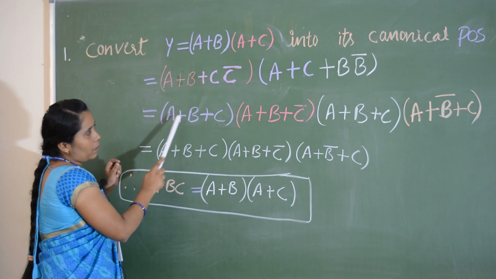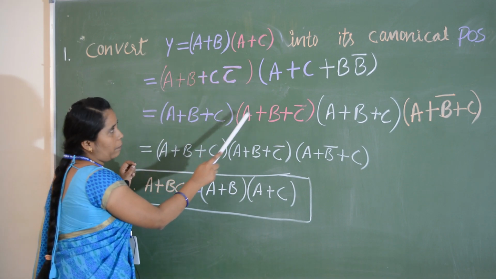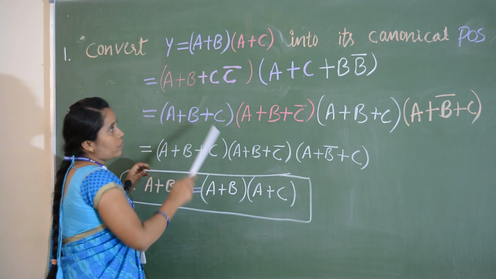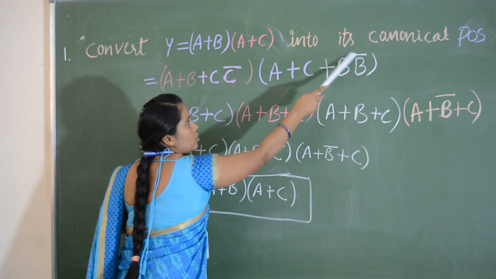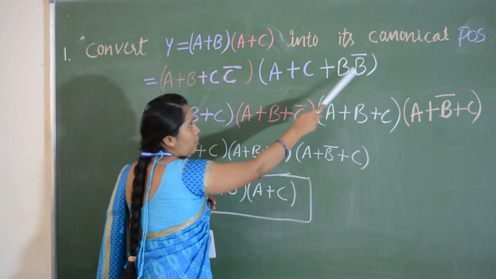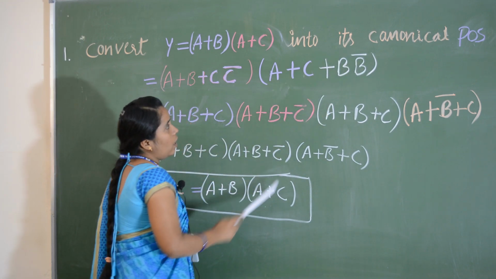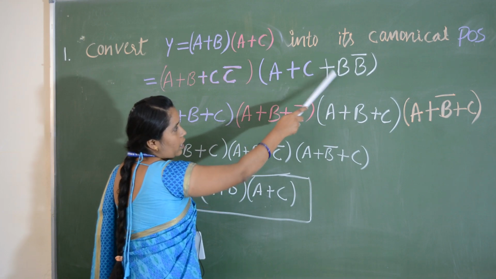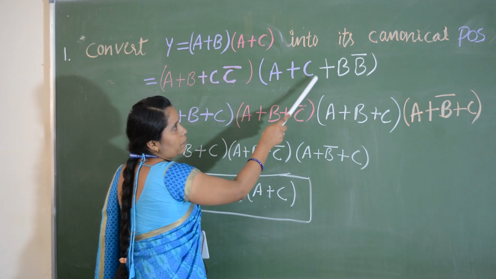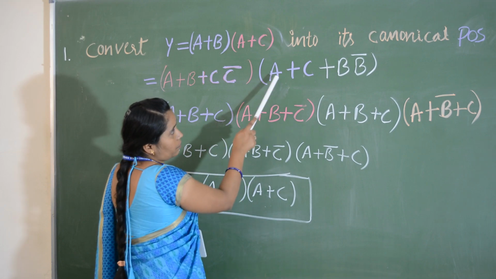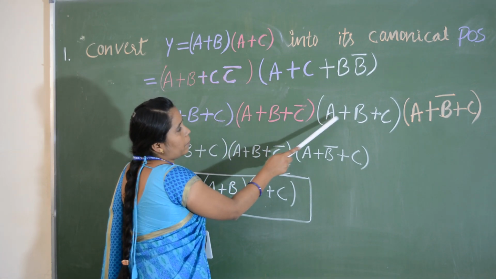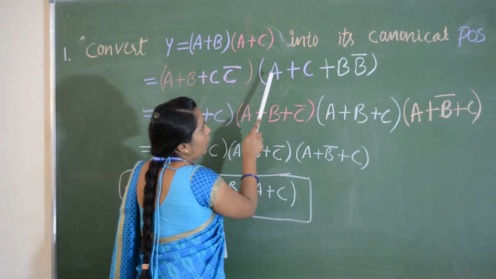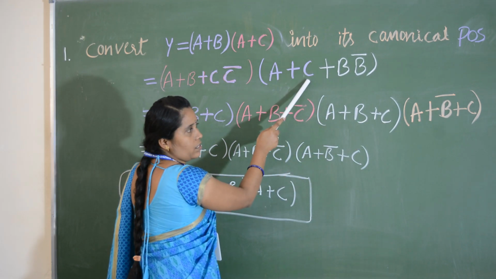See the second sum term. So this looks like A and this looks like B into C. So according to this rule, A plus C plus B into A plus C plus B bar. That is the expression, the sum term A plus B plus C into A plus B bar plus C.